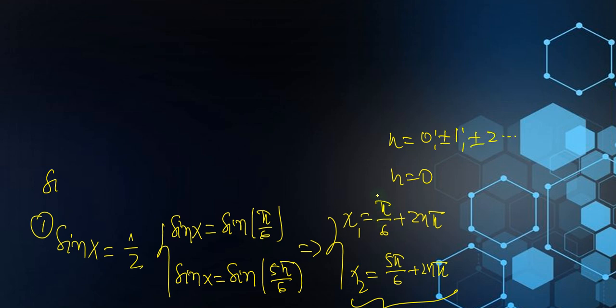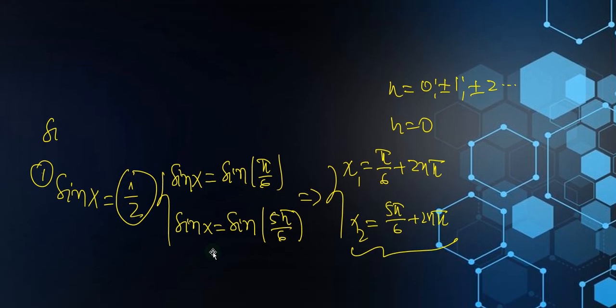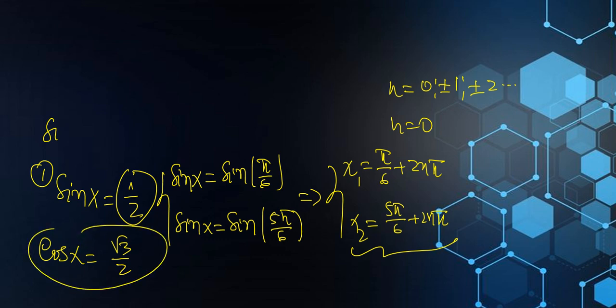We have pi over 6, and sine of pi over 6 is equal to 1/2, right? This is what we got, sine x equals 1/2. In this case, we're going to have cosine x equal to square root of 3 over 2, right? Okay, because they are all in the first quadrant.